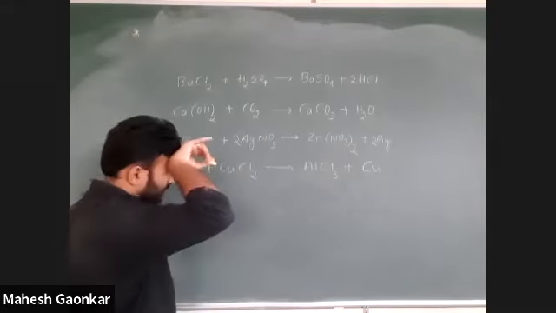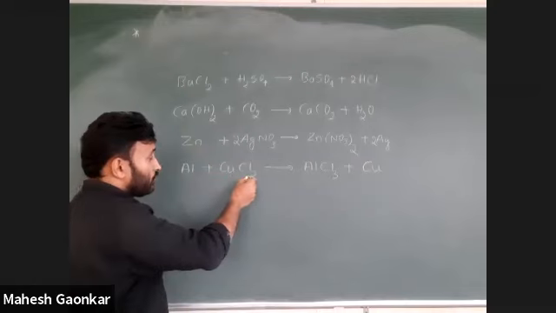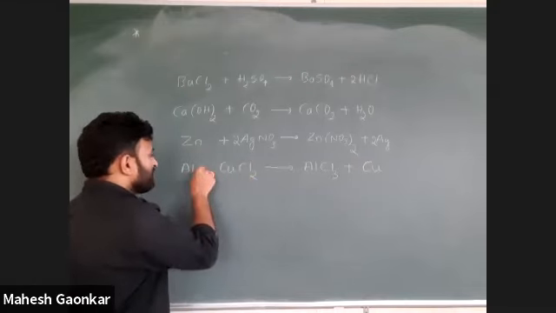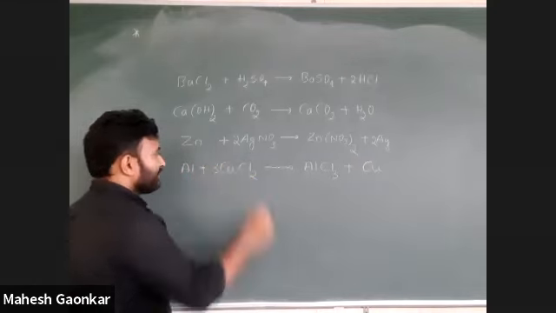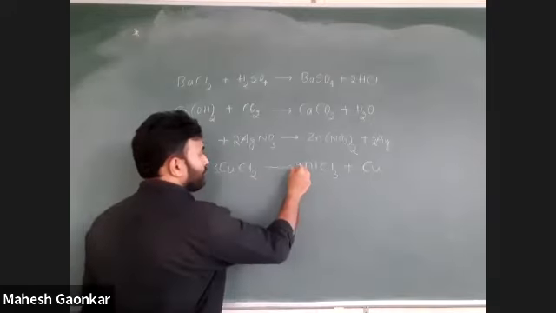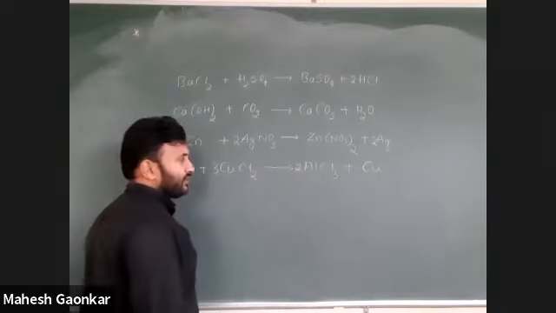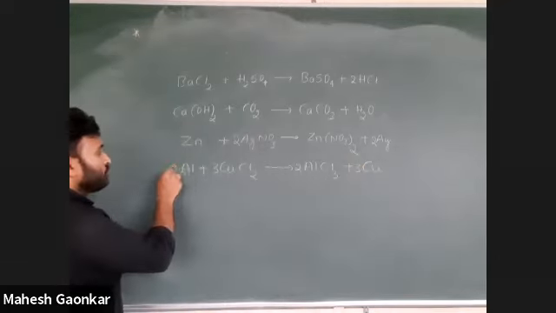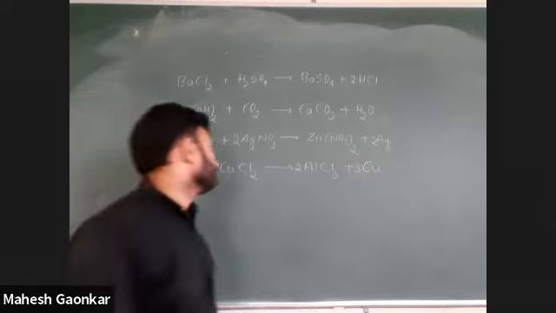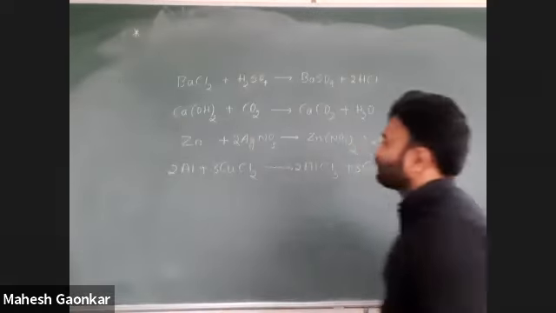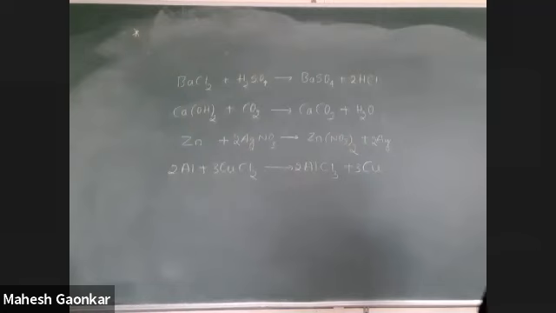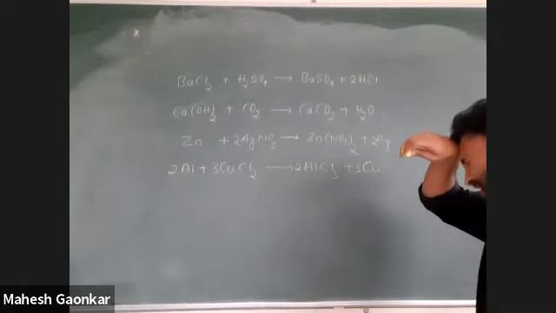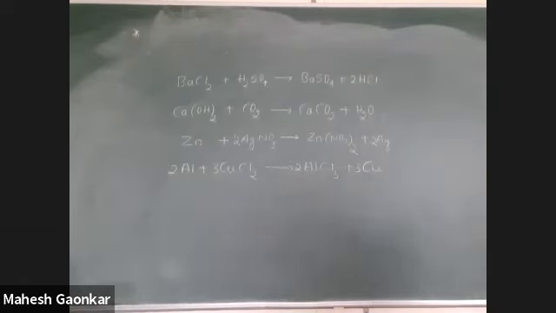Here we have 2 and 3, so the common number should be 6. Take 3 CuCl2, 2 AlCl3, 3 Cu, and 2 Al. Got it? Yes, sir. Super.